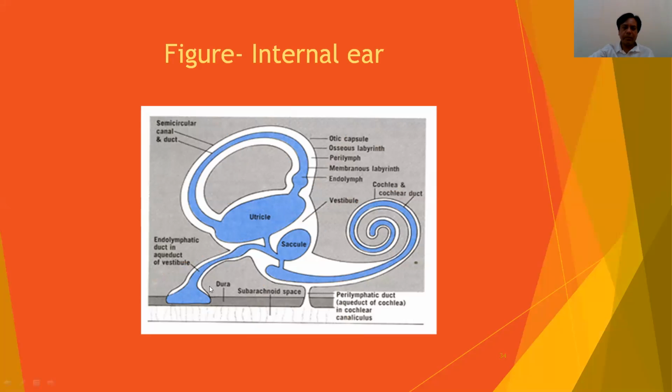So here cochlea, semicircular canal, and vestibule can be seen. So semicircular canal and semicircular ducts. Vestibule has two parts, utricle and saccule, cochlea, and within cochlea, the cochlear duct can be seen in this diagram.